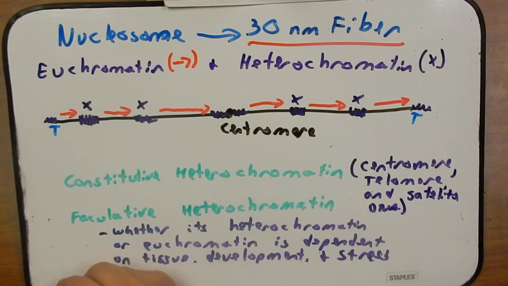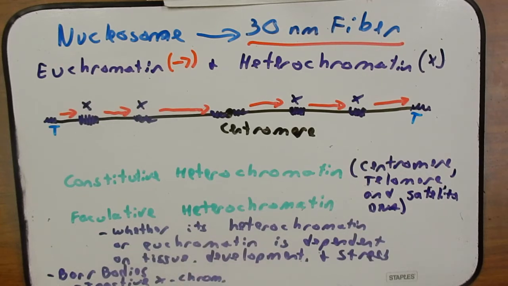I want to bring back bar bodies for just a little bit and remind you that these are the inactive X chromosomes, and they provide a great example of what facultative heterochromatin is. So let me explain this a little bit better. In individuals who have two X chromosomes, all their cells have two X chromosomes. However, in some cells, one of them is formed into a bar body, which I'm just showing as a circle there.